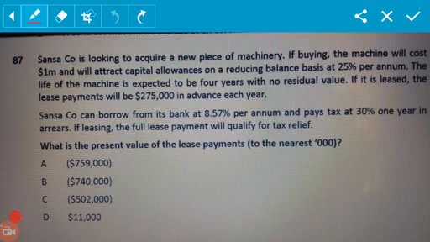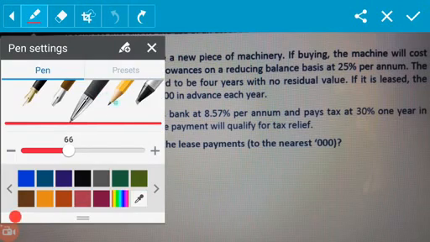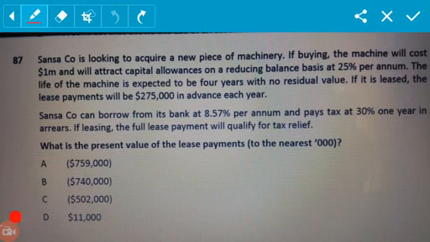So how you go about doing this is you read through the question briefly, and it's very important to understand the terms of the contract. Let's quickly go through it. Sansa Co. is looking to acquire a new piece of machinery. If buying, the machine will cost $1 million and will attract capital allowances on a reducing balance basis at 25% per annum.